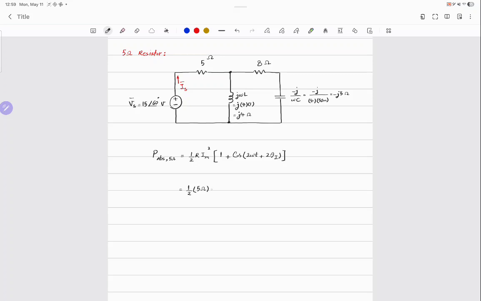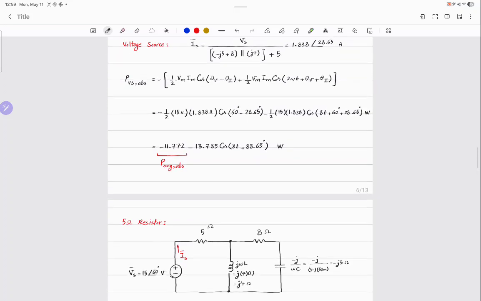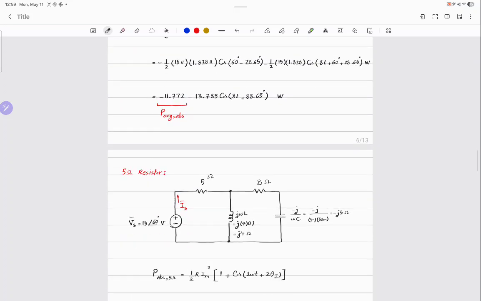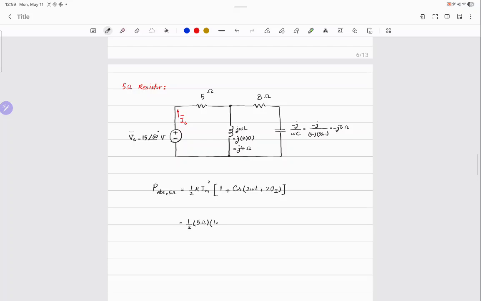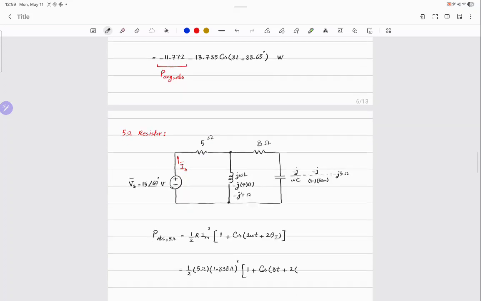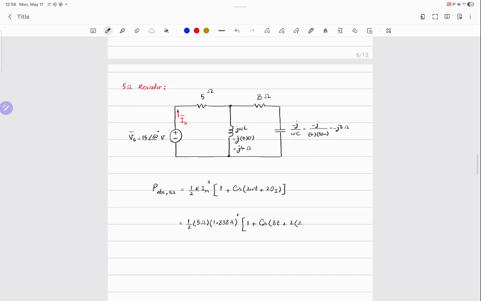Alina, what is Im? 1.838 amps squared times 1 plus cosine 8t plus 2 times, what is theta I next? 28.65.